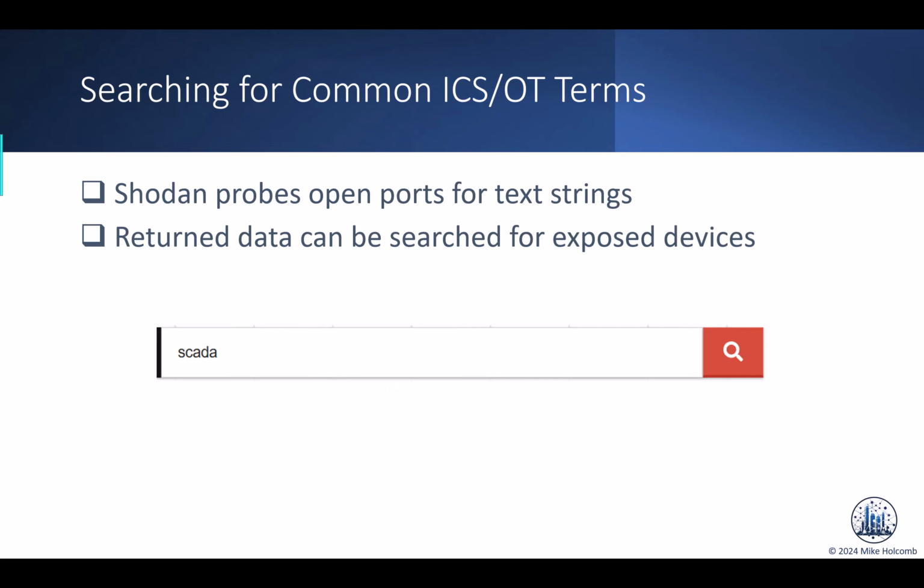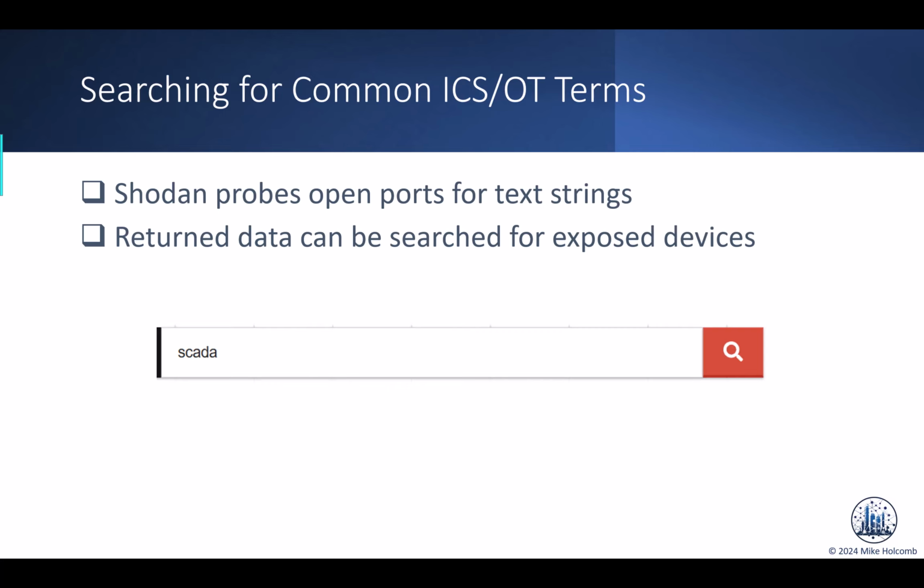So we want to go ahead and look for search terms that help us narrow down to find control systems. Or in this case, we're just running a very generic search for a very generic term like SCADA. People used to talk about ICS and SCADA, and now it's pretty much ICS and OT.